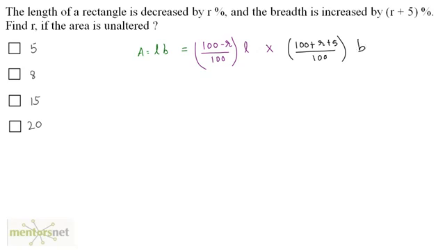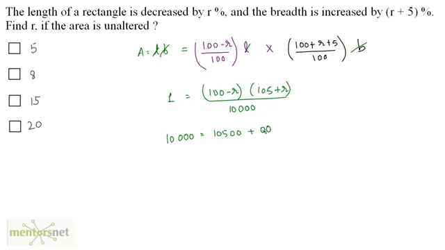Now we can cancel out L and B on the left hand side and the right hand side. So this is basically 1 is equal to 100 minus r times 105 plus r divided by 10,000. 100 times 100 is 10,000. So we have 10,000 is equal to 105 times 100, that's 10500, plus 100r minus 105r minus r square.